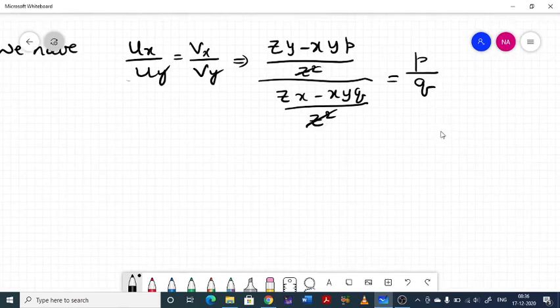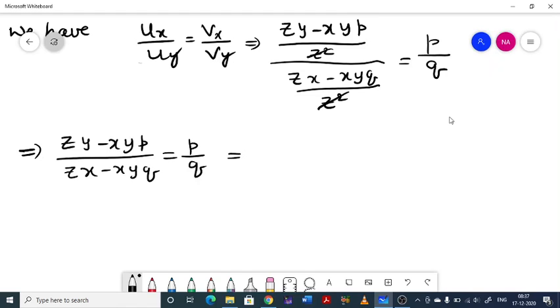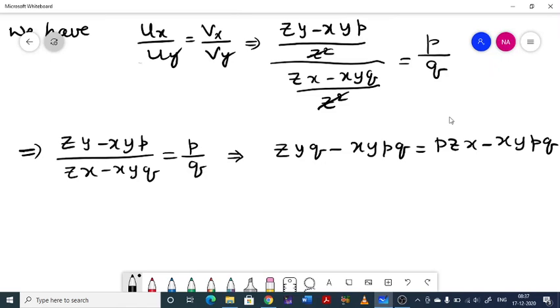We remain with zy minus xyp divided by zx minus xyq equal to p by q. If you cross multiply this, zyq minus xypq equal to pzx minus xypq. So here minus xypq cancels with minus xypq. So we remain with zyq equal to pzx.